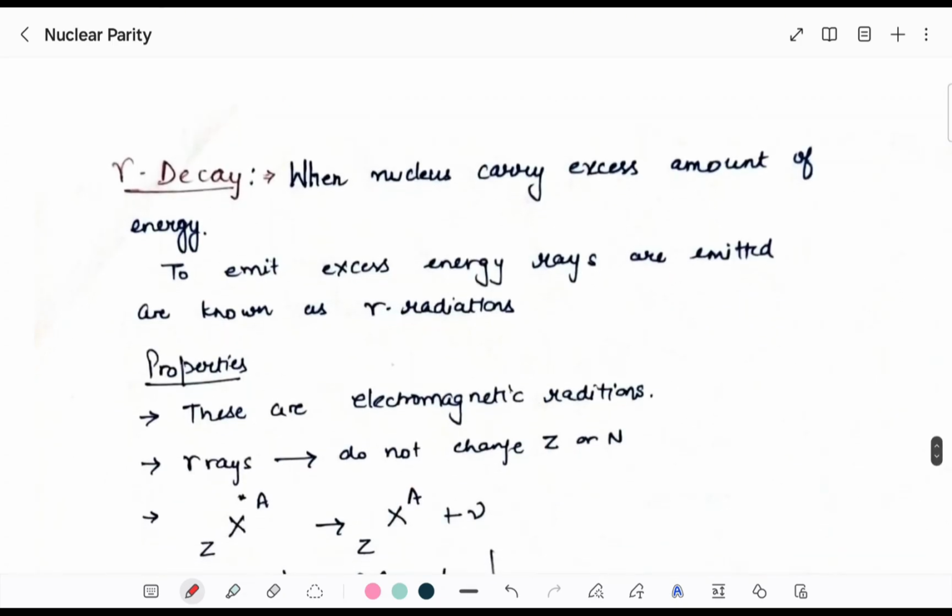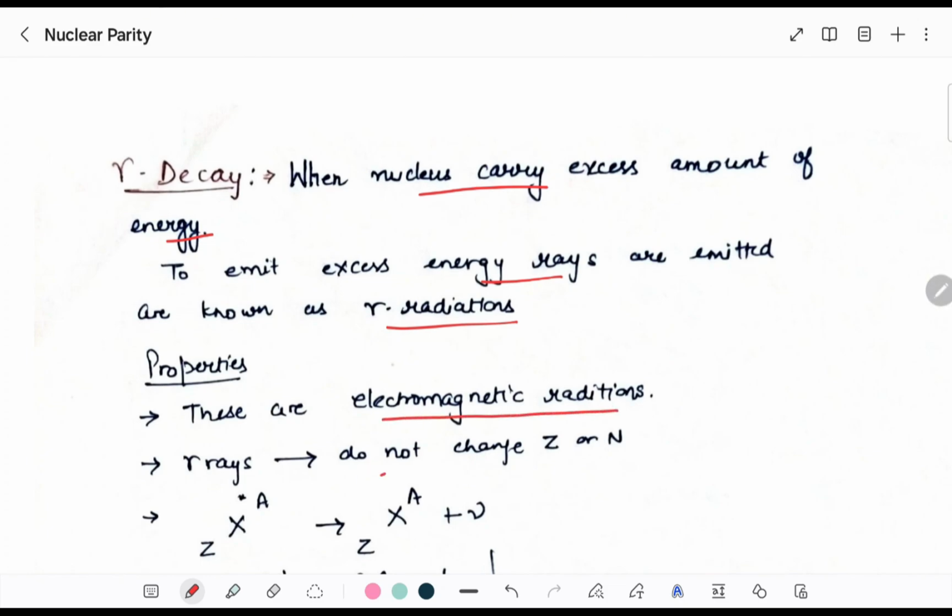Now what is gamma decay? When the nucleus carries an excess amount of energy, to become stable it emits the excess energy, and this energy emitted in the form of radiation is known as gamma radiation. Now what are the properties of gamma decay? Gamma rays are electromagnetic radiations.